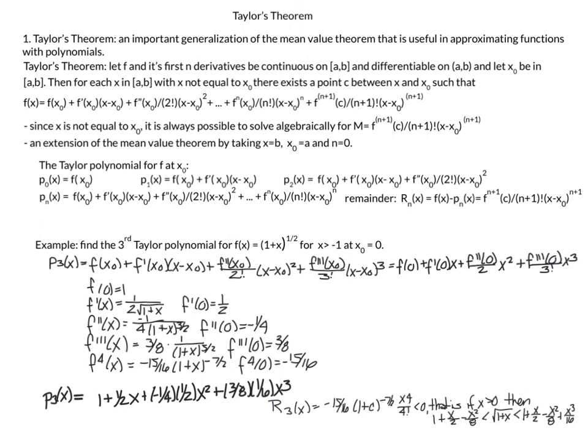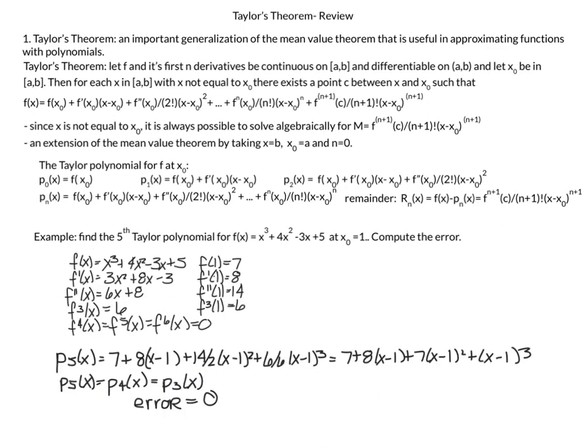For my next example, we have the fifth Taylor polynomial for f of x equals x to the third plus 4x squared minus 3x plus 5 evaluated at x naught equals 1. You can see my calculations, and then P5 is equal to 7 plus 8 times x minus 1 plus 7 times x minus 1 squared plus x minus 1 cubed.